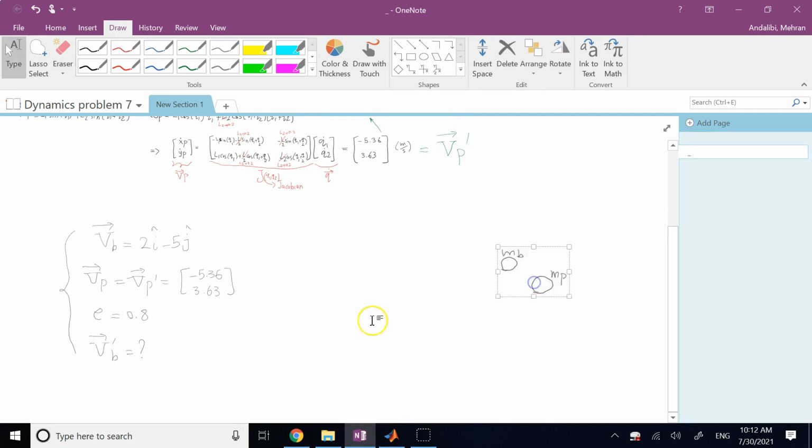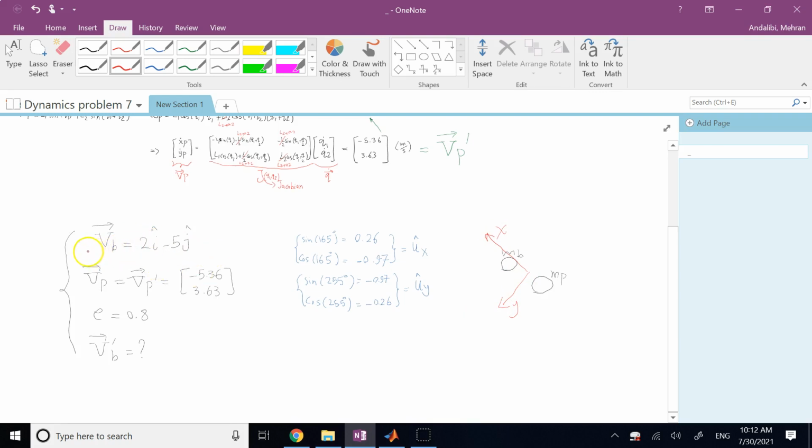Okay, so here we go. So as we said, along the X, the forces exchange. Along the Y, nothing is going to change, right? Good. So let's calculate the Y component of the ball, which is not going to change.